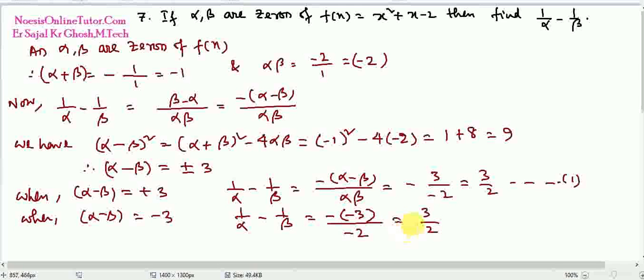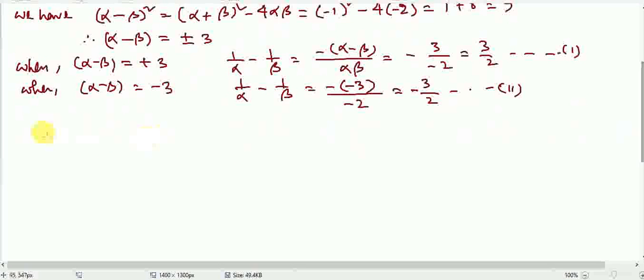Plus 3 by minus 2, that is minus 3 by 2. So the value of 1 by alpha minus 1 by beta is equal to plus minus 3 by 2. This is the answer.